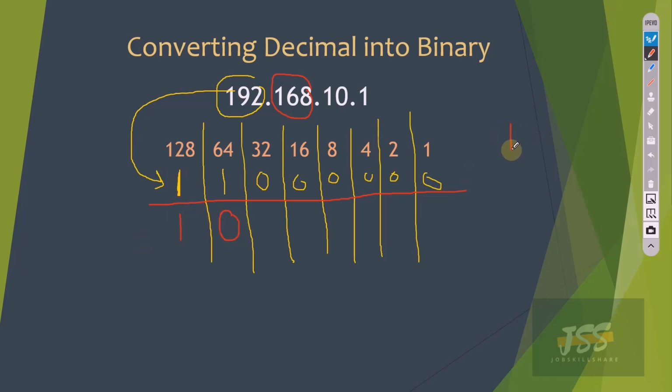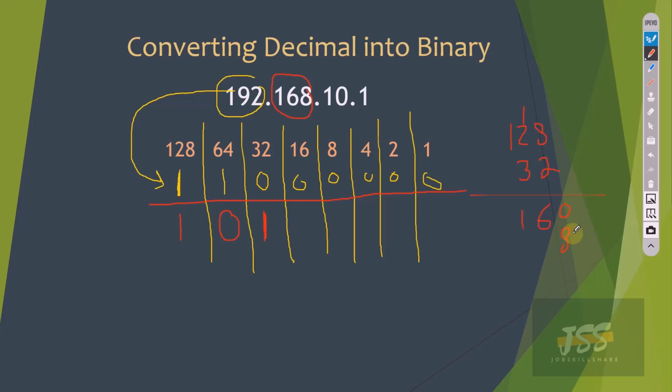Then add 32 to 128, which becomes 160. It means we need to turn on this bit. Then how many more do we need?